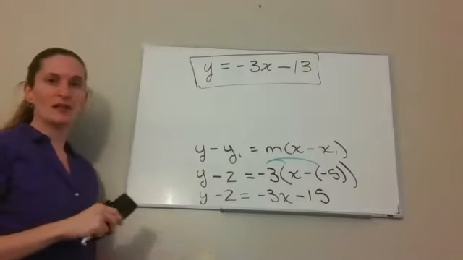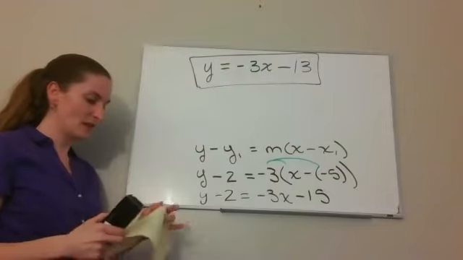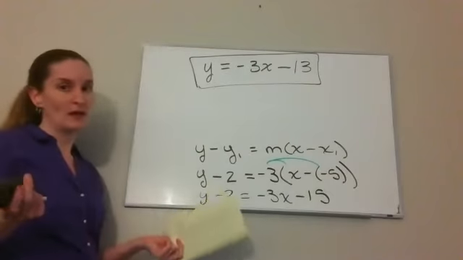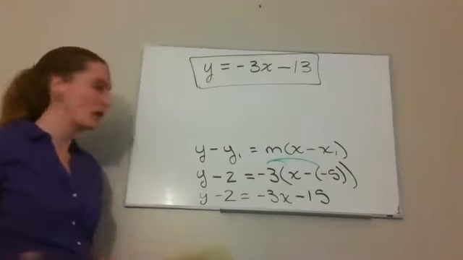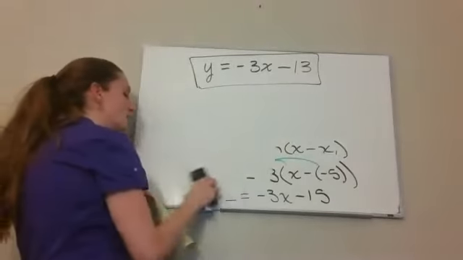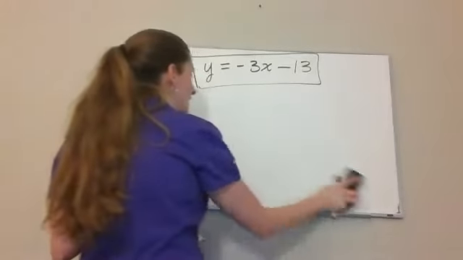Let's do another example, writing an equation of a line, but this time we're going to have to find the slope. We're only going to be given 2 points. So it's a little bit more involved than the one we just did.